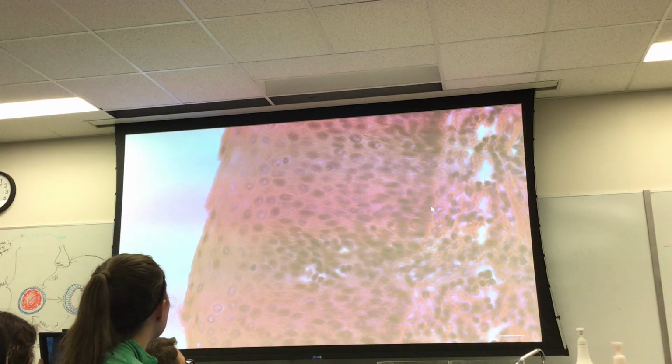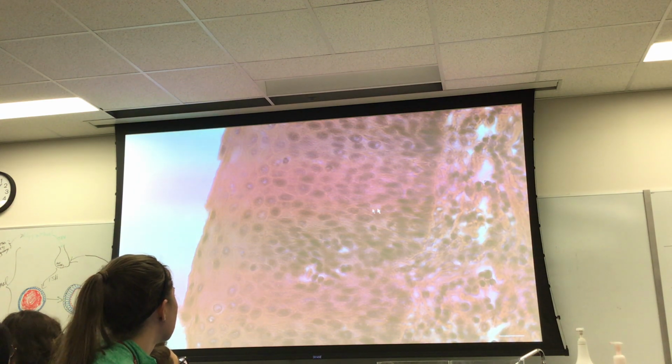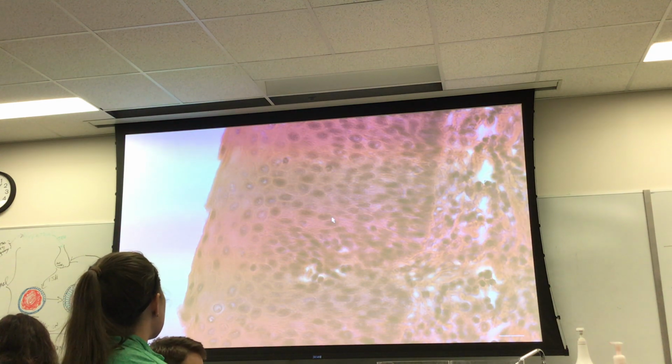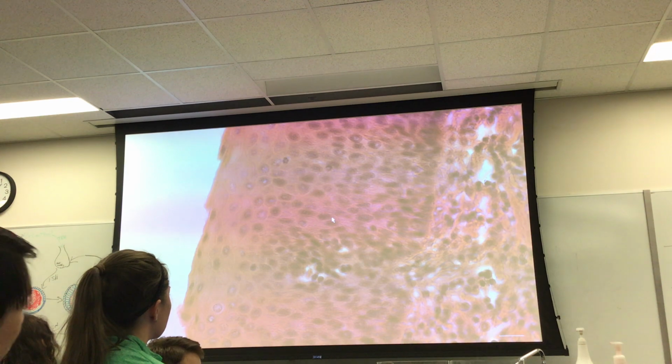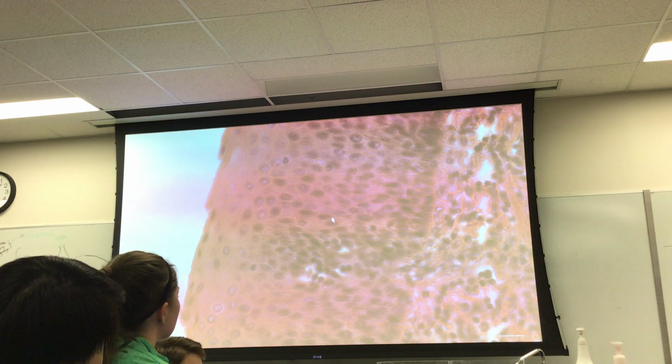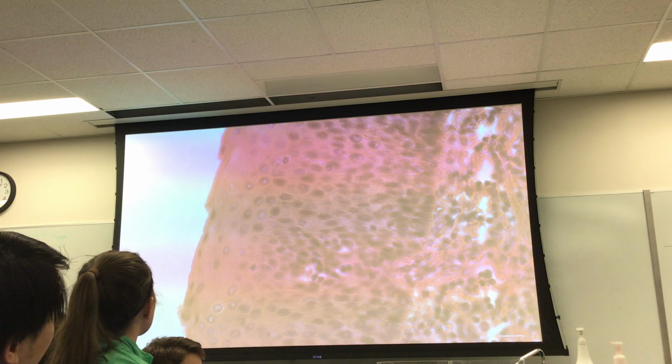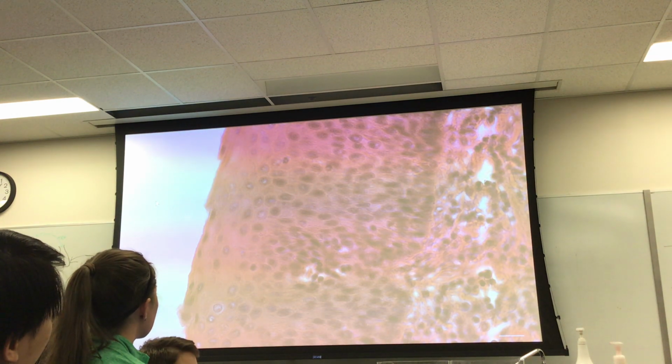What is this tissue type? Now again, I have no idea what I'm looking at. Well, is it nerve, muscle, epithelia, or connective? See how that helps? See our body surface, it's got to be an epithelium.